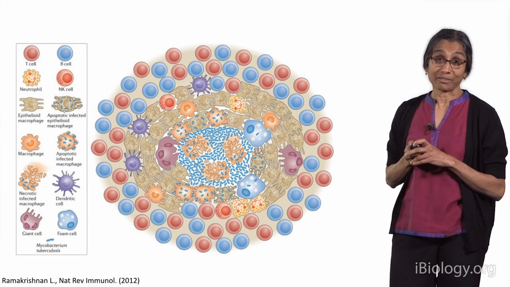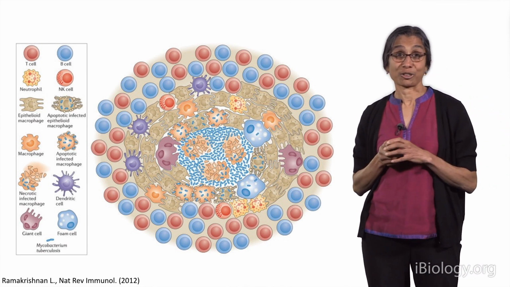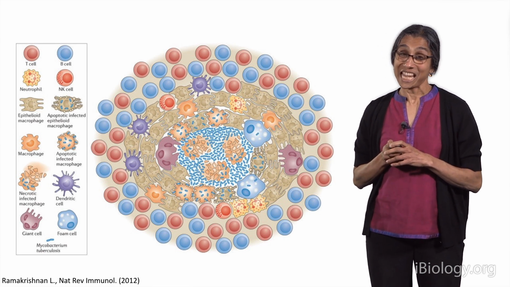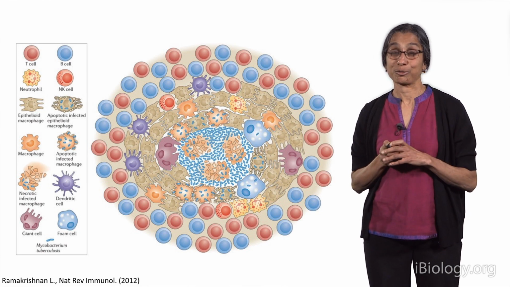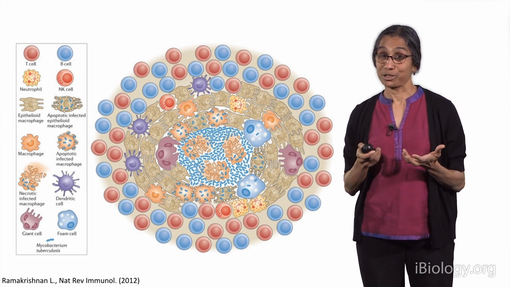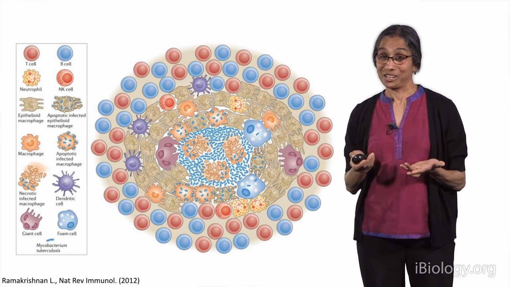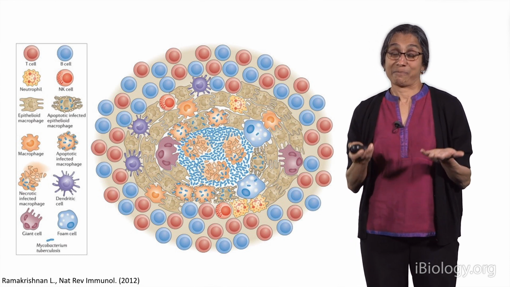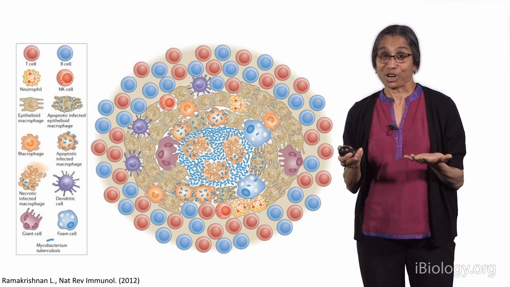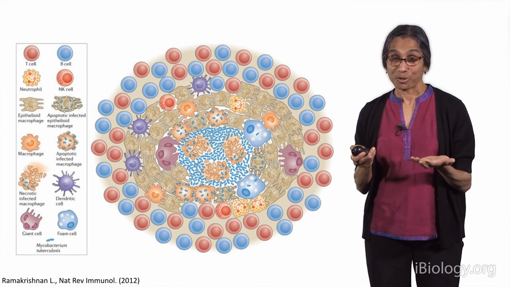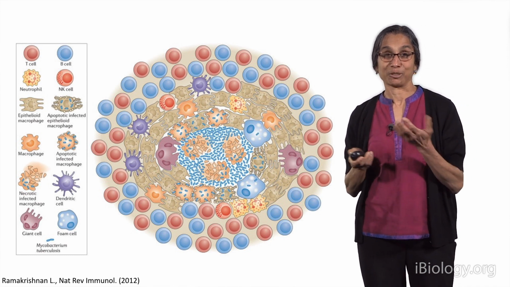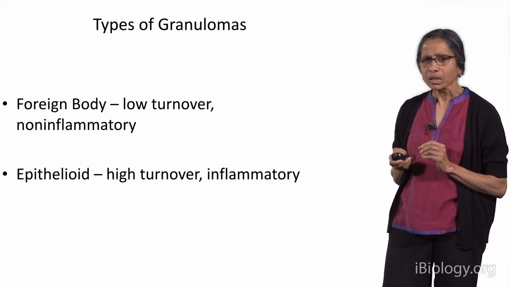In fact, granulomas were first discovered in the context of tuberculosis in 1679, some 200 years before the bacterium, Mycobacterium tuberculosis, was discovered. The structure used to be called a tubercle, and obviously both the bacterium and the disease are named for the granuloma.